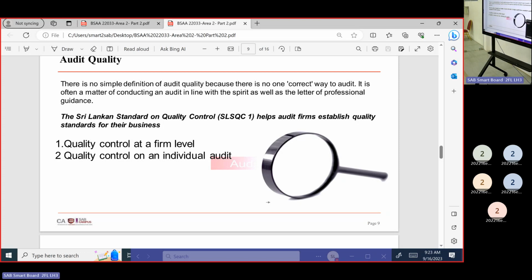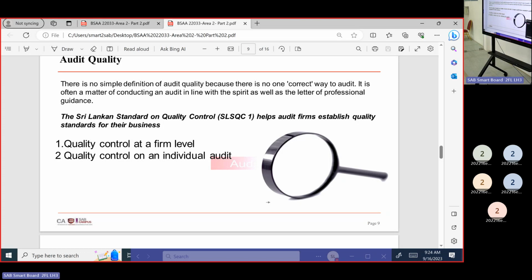And if you are doing a virtual audit, it is really difficult to manage that communication and quality. In some situations, you can join with foreign audit firms. You are here, you are doing the audit procedures, but you should have proper communication between the team members.